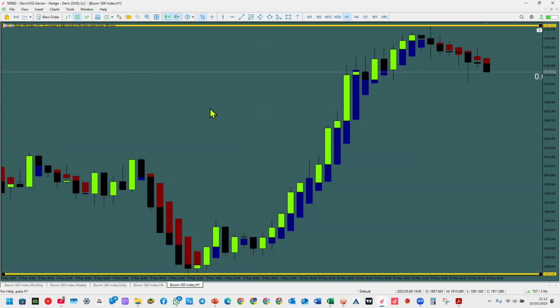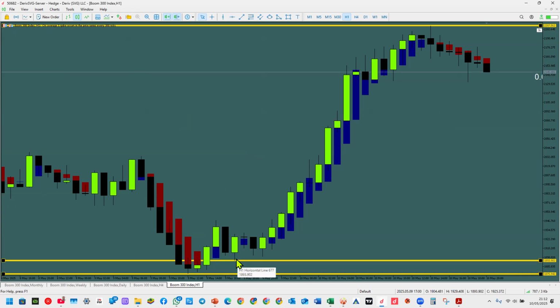Now you also agree with me that this place right here is a support, right? I have two candles to the left and two candles to the right that are higher than this point.